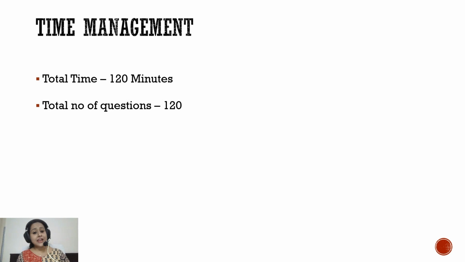Now coming to time management, as I mentioned already, there will be 120 questions and you will get 2 hours, that is 120 minutes. So for each question you will get 1 minute. But here is one technique you have to apply. Some questions in current affairs or legal reasoning may not take 60 seconds, right? They may take less than 60 seconds.